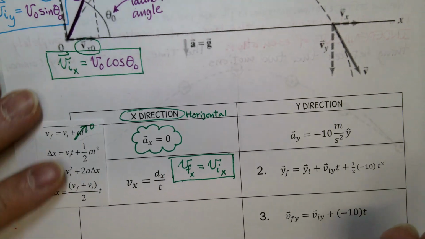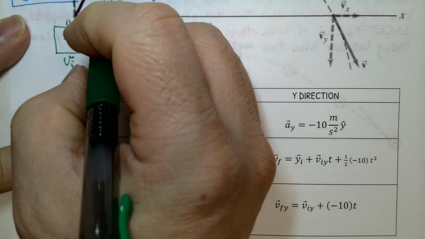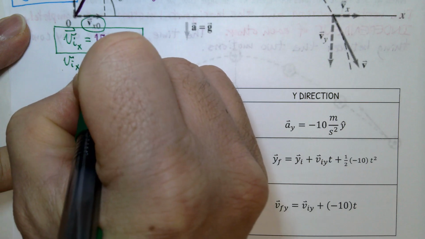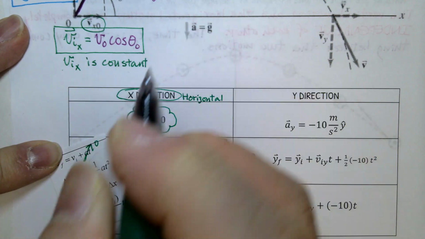Okay? So my Vix, right, is constant. The whole time.